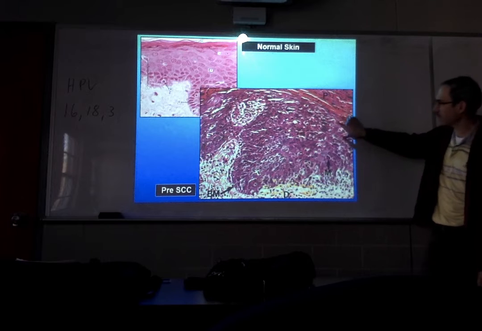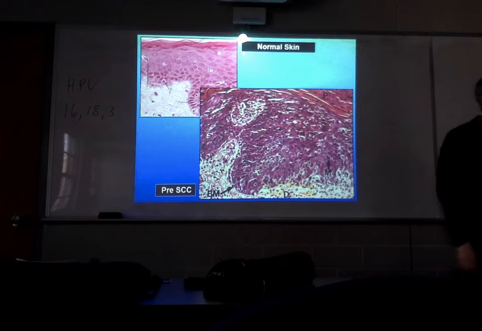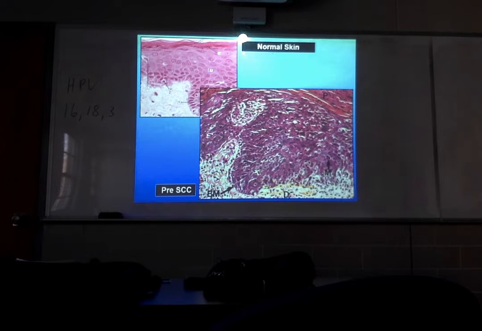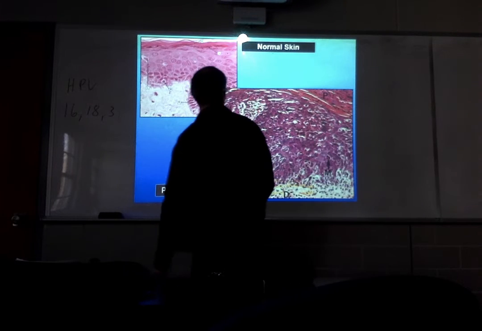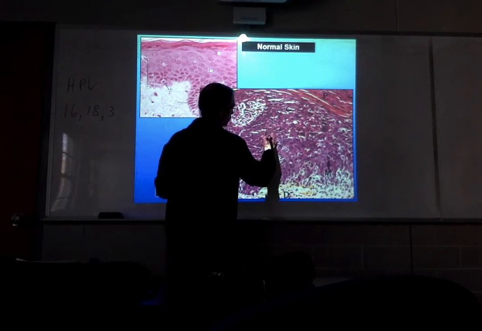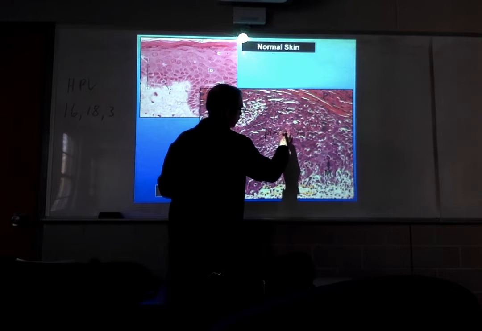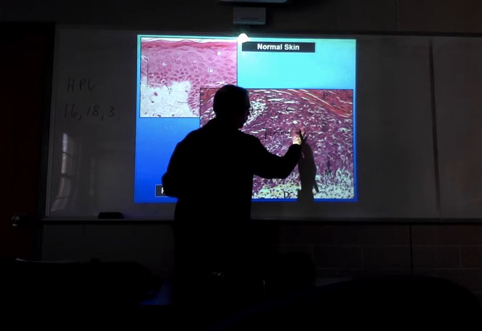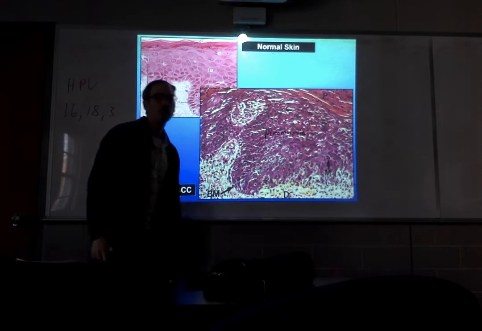Do they look kind of uniform? Or do they look all different from each other? Different from each other. And we have a term for that. Many forms. They're pleomorphic.